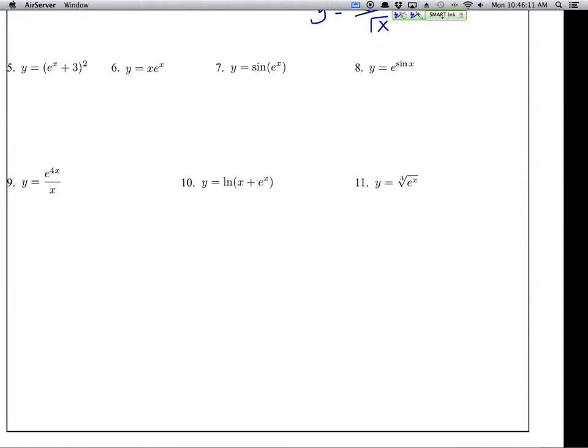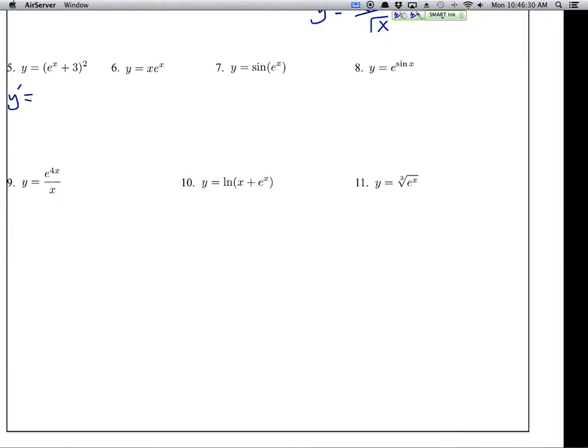All right, Zach, number 5. Would you simplify that first? You could, but that would take a little bit longer.